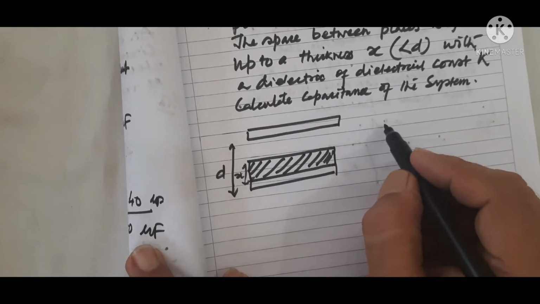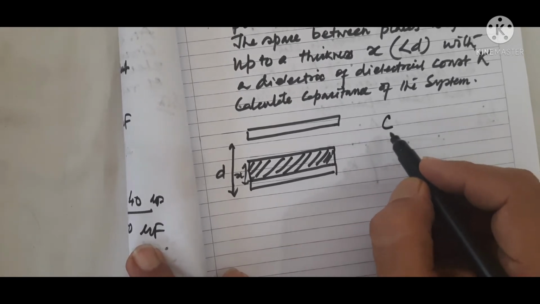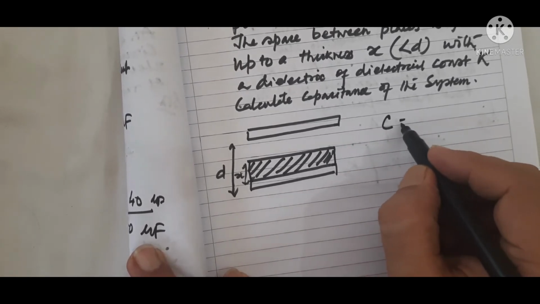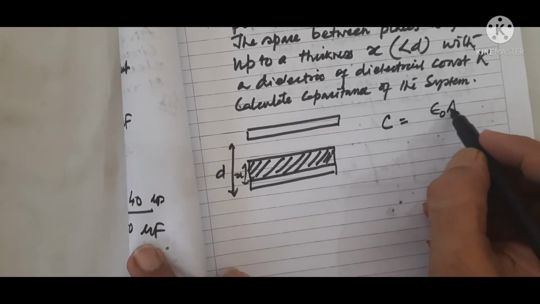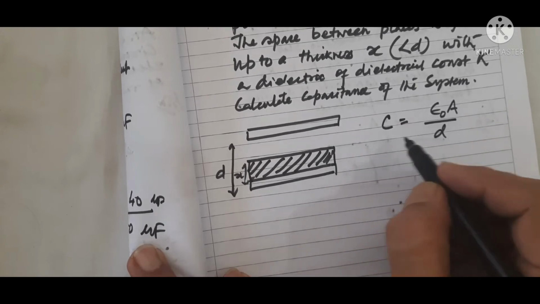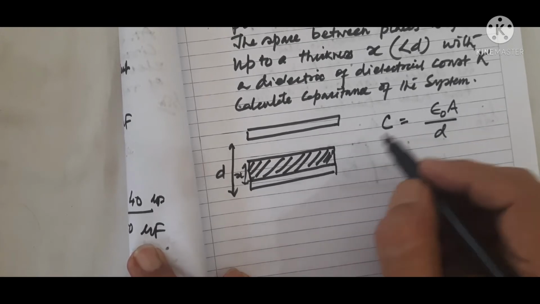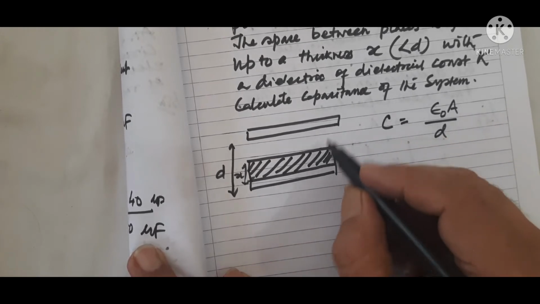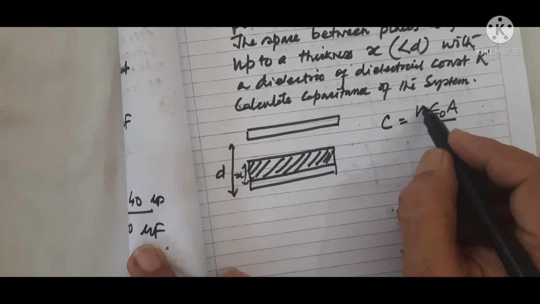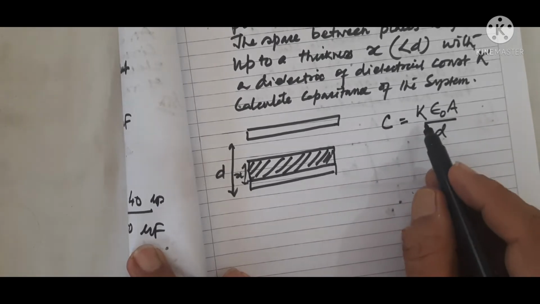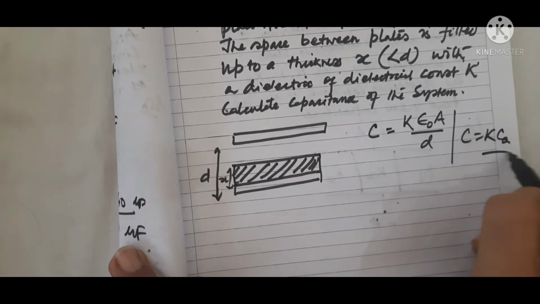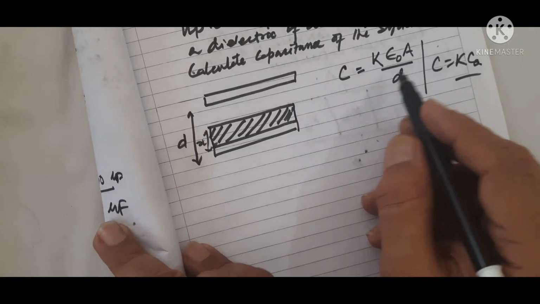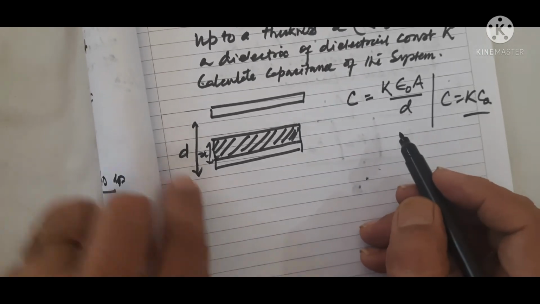So here we know that the capacitance between the plates, if no medium is there, is epsilon naught A by d. But here one dielectric medium is there, so we multiply by K. We know C is equal to K C naught, so K into epsilon naught A by d.